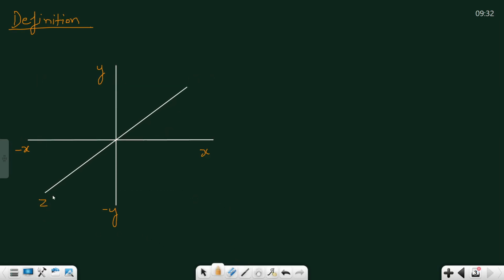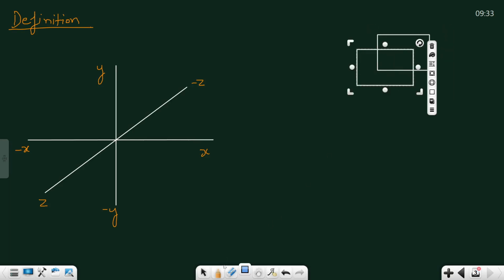This is z and this is minus z, because any real object, along with the length and breadth, will also be having height, so it will be having 3 dimensions.